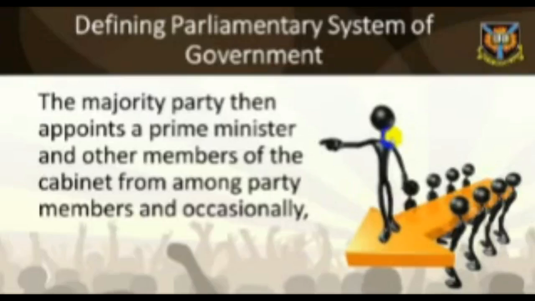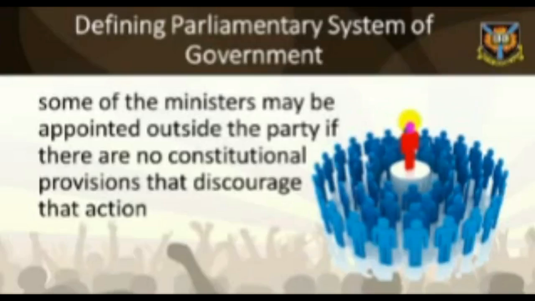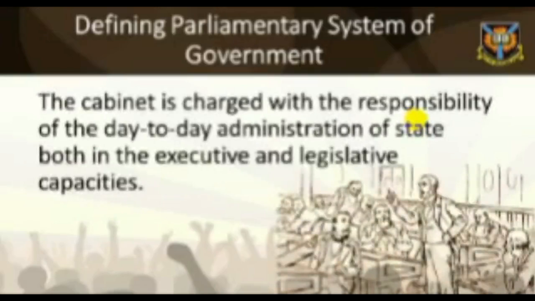The majority party then appoints a prime minister and other members of the cabinet from among party members, and occasionally some of the ministers may be appointed from outside the party if there are no constitutional provisions that discourage that action.